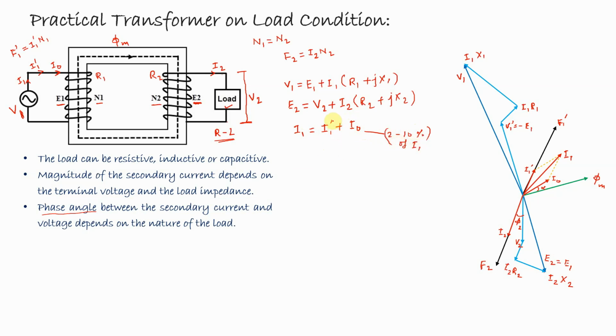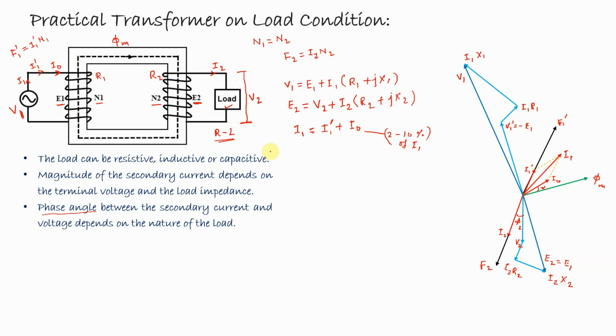So I1 dash is the main part of the primary current, which depends upon the load that is connected across the secondary winding. If the secondary load is increased, current will be increased in the secondary side and corresponding current I1 dash will also be increased.